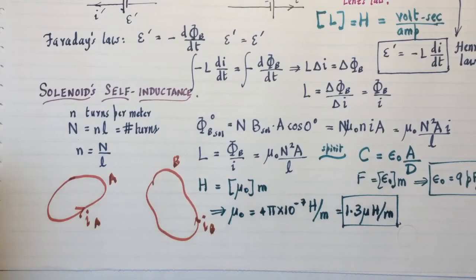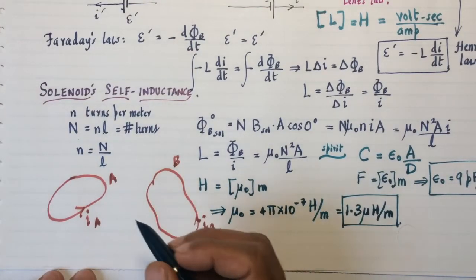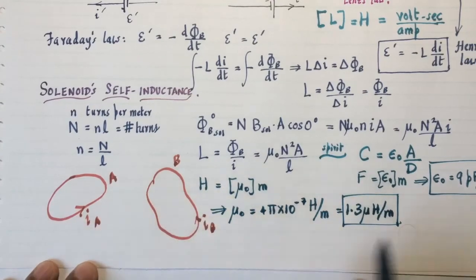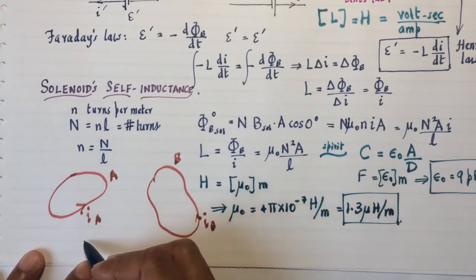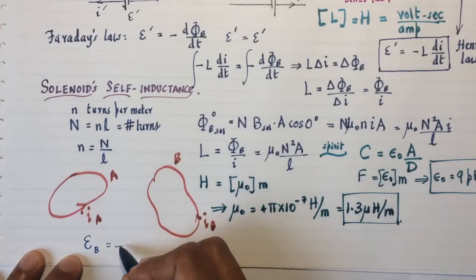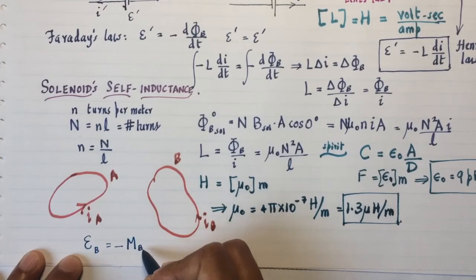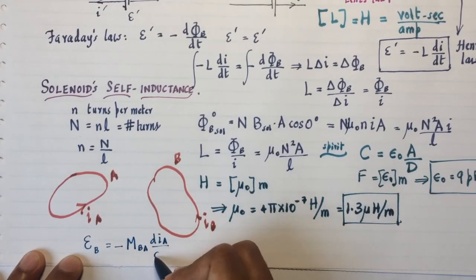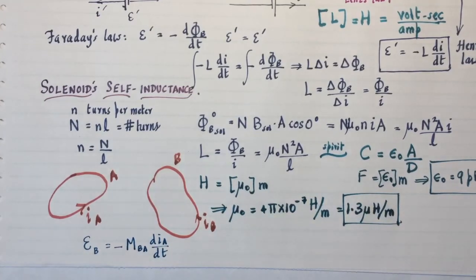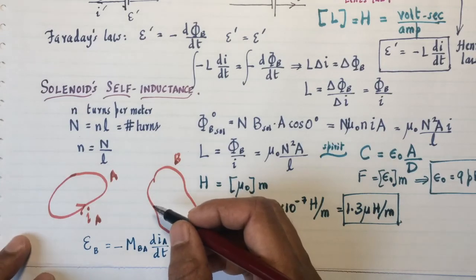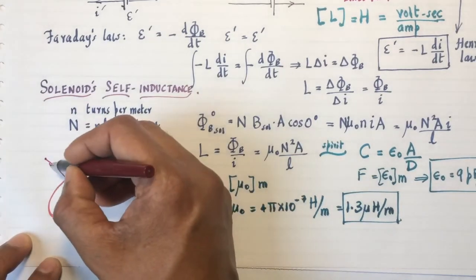And then to address this problem, the concept of mutual inductance was invented. So what we're going to define here in the last line is the EMF through coil B is defined as negative the mutual inductance of B with respect to A, times the rate of change of current in coil A over time. So you can imagine that there's a flux through this coil.